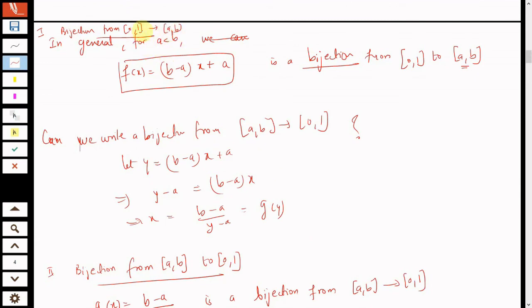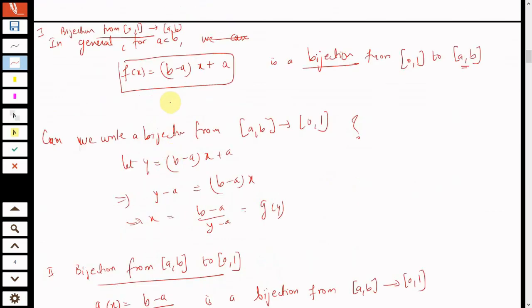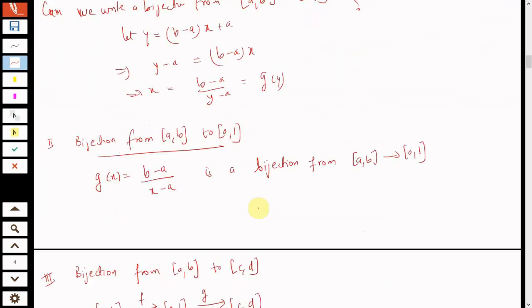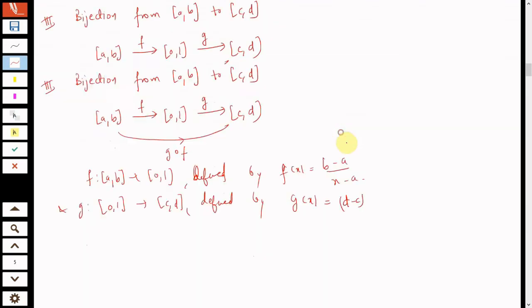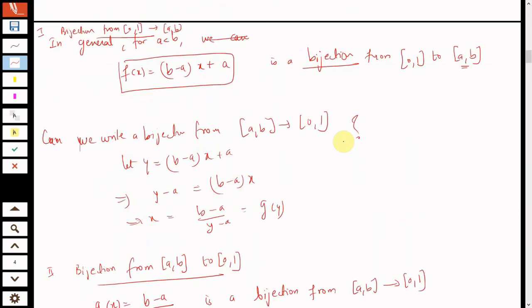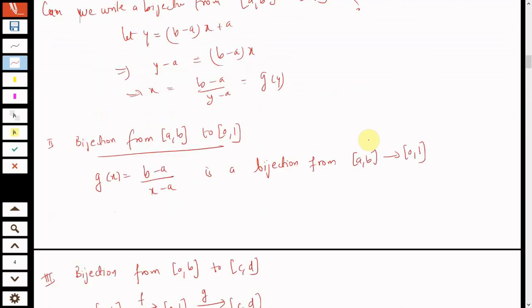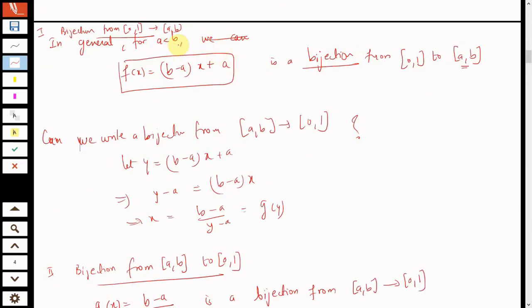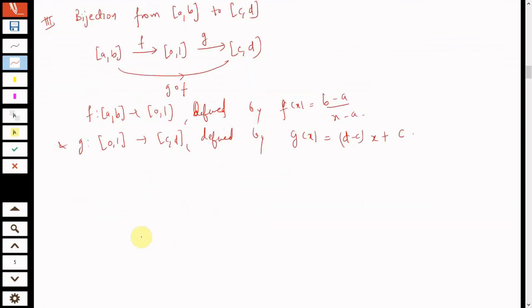So now instead of a and b you have c and d. So here the mapping is exactly same as the difference b minus a, so it's d minus c into x plus you translate by the first endpoint, so it is c in this case. Okay, so both these are bijection.